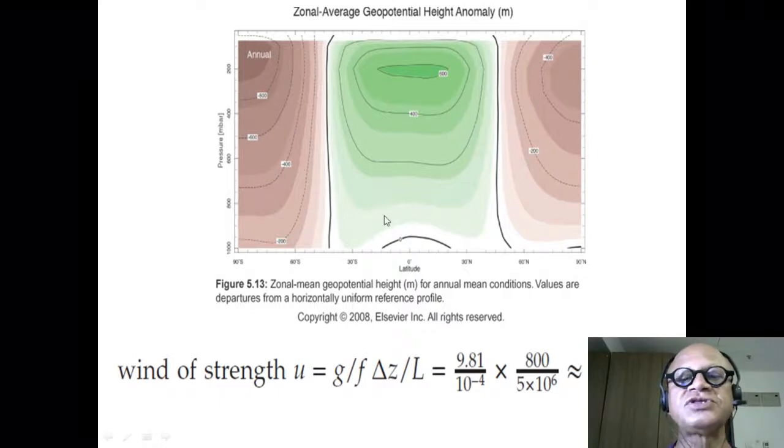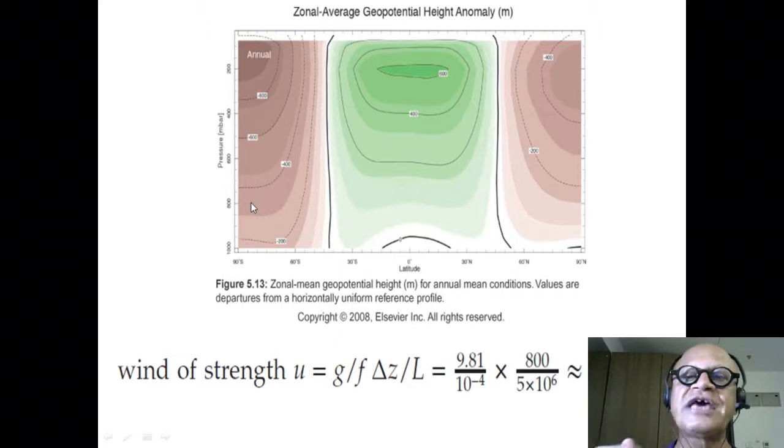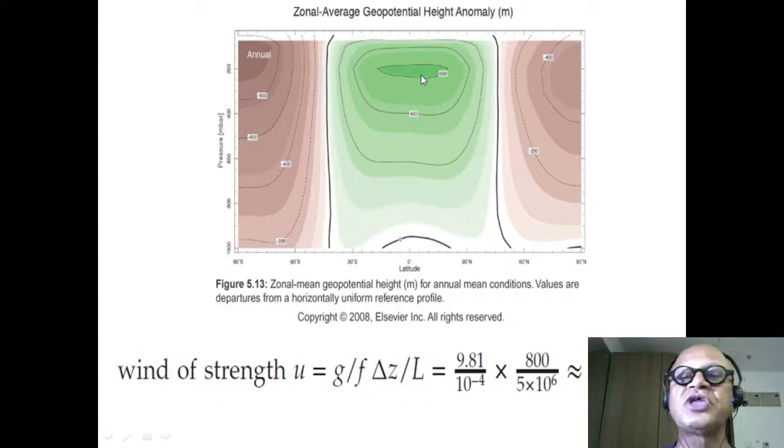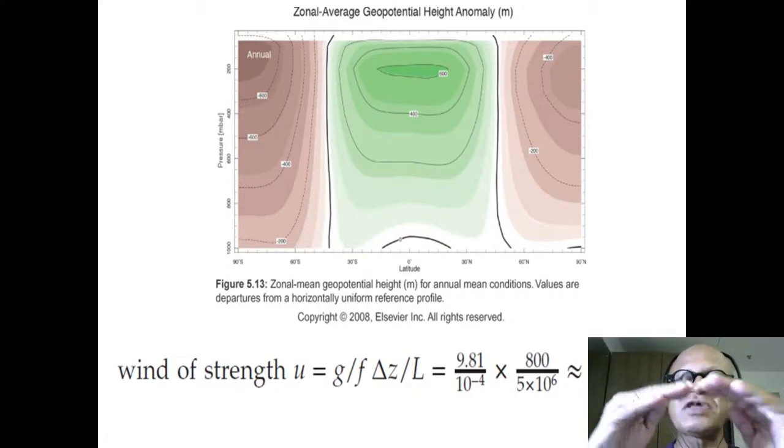So this is annual mean, and these are deviations at this particular height. Negative means below the annual mean and positive means above the annual mean. So you have positive geopotential height here compared to the annual mean. So the geopotential surface is domed over there and dropping off.